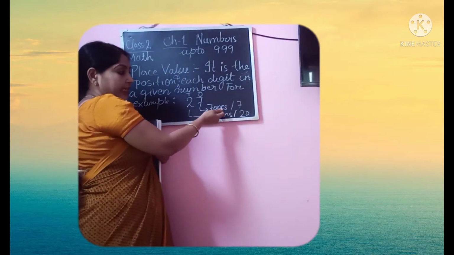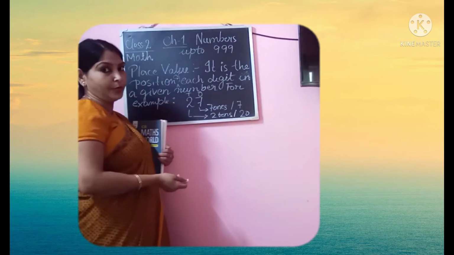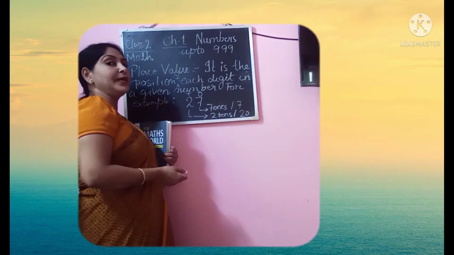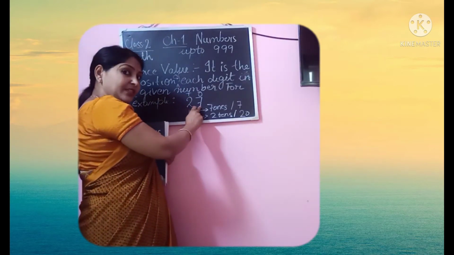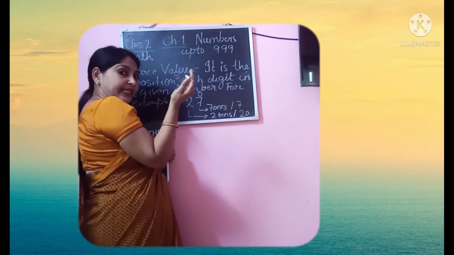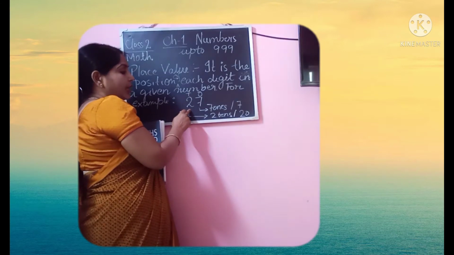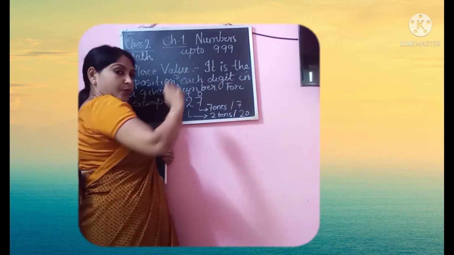We can write in the word form also and we can write in the numeral form also. Suppose you have been asked to write the place value of 7. What is the place value of 7? It is 7 or 7 ones. Anything you can write. What is the place value of 2? It is 2 tens or 20.